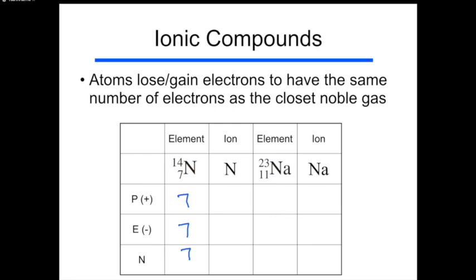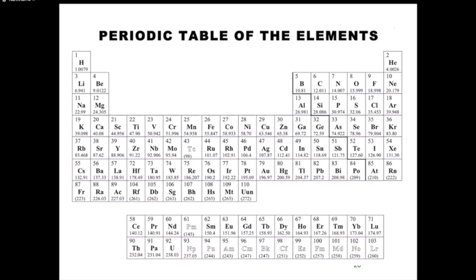Now remember, when I create an ion, I am reacting chemically. What doesn't change is the protons, and what doesn't change is the neutrons. I cannot change that in a chemical reaction. So when I look at nitrogen, it is number 7. It can either go to 10, neon, or it could go to 2, helium.